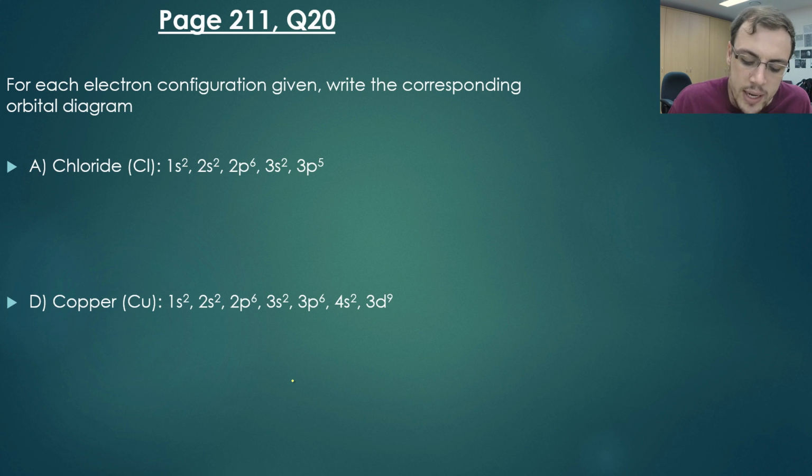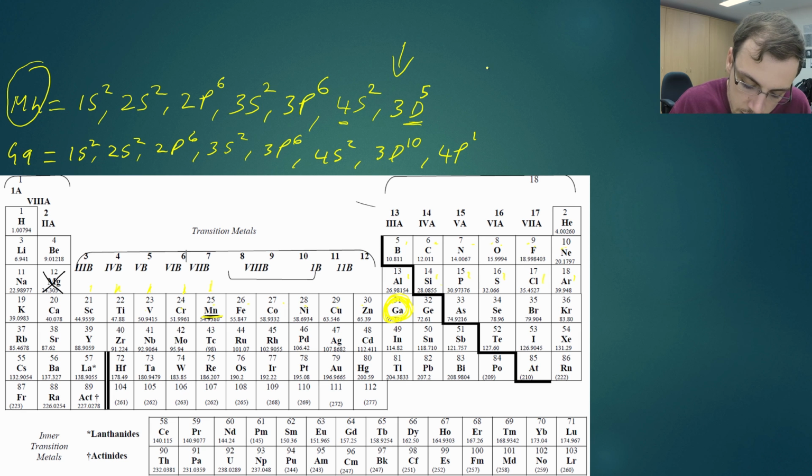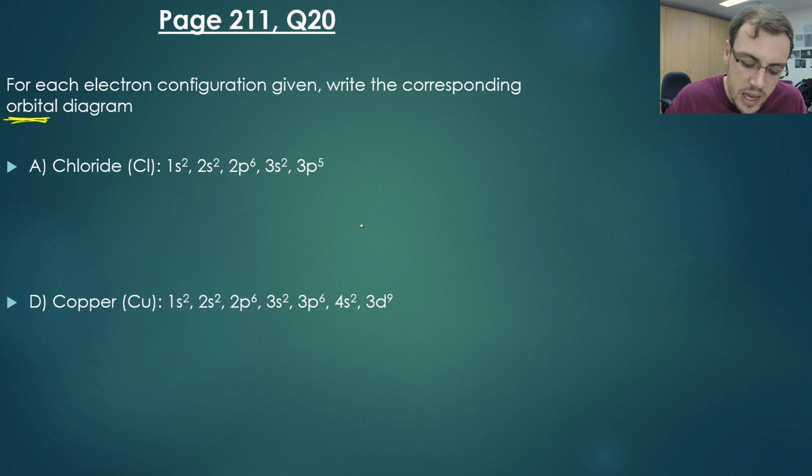Okay, so moving on now to question 20, page 211 in your books. For each electron configuration given, write the corresponding orbital diagram. So over here, this is the electron configuration. What the question is asking is that we're given the electron configuration and it wants the orbital diagram.